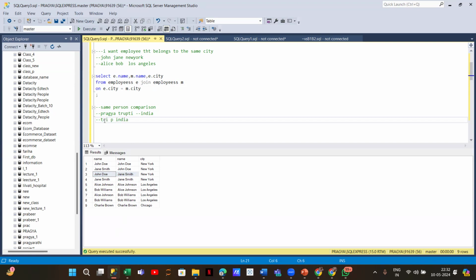I'm just interchanging the names in the columns. Everything is the same. So is this the same thing or different thing?